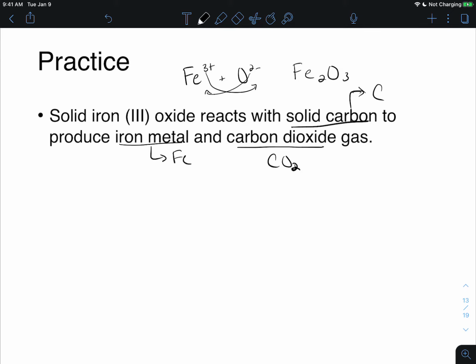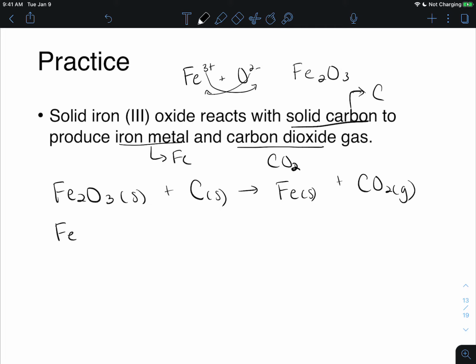Let's put in our states. We have solid iron oxide, Fe2O3, reacting with solid carbon, C solid, to produce iron metal, Fe, solid, and carbon dioxide gas, CO2 gas.